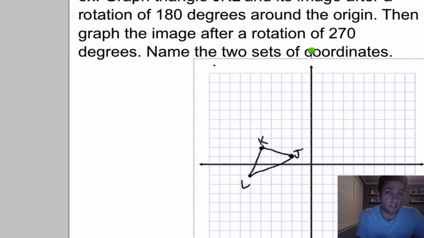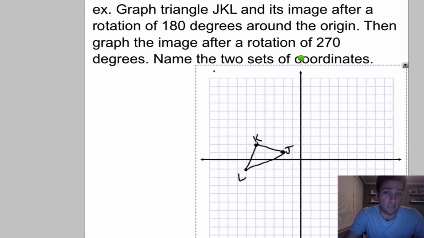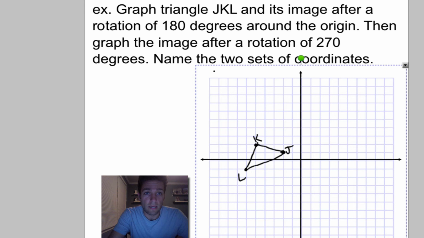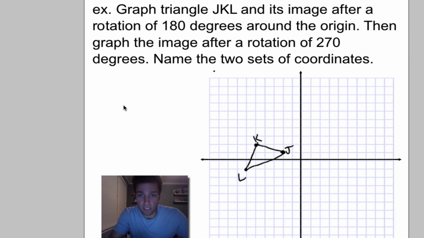So let's see that again with a different example that might help some people. JKL, I've graphed it. If you think that you want to try by yourself, pause the video and plot these points and then follow the instructions. This is going to be two different rotations, one that is 180 degrees and one that is 270 degrees.